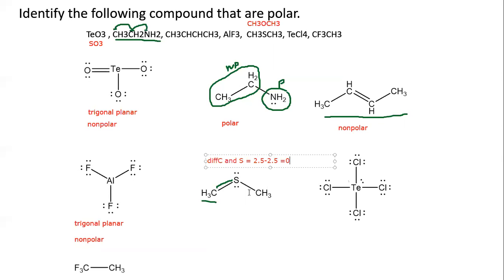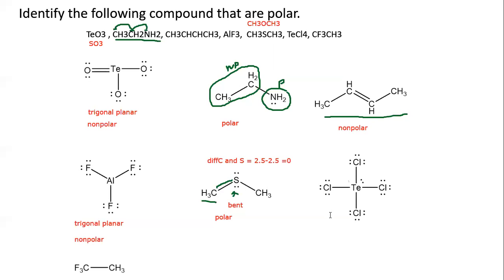However, notice that there are 2 lone pairs of electrons on the sulfur. If we just look at the sulfur atom, sulfur has a bent geometry. Since sulfur has a bent geometry, those lone pairs don't cancel each other out. So this would be a polar molecule.